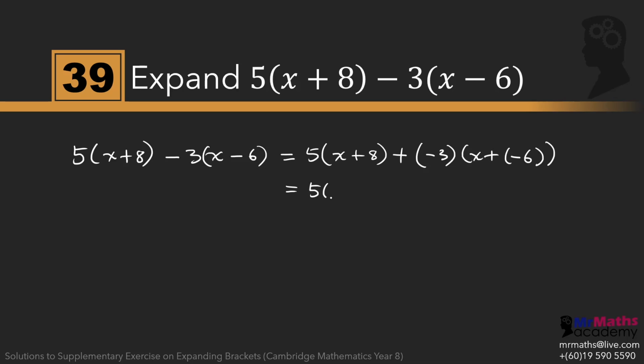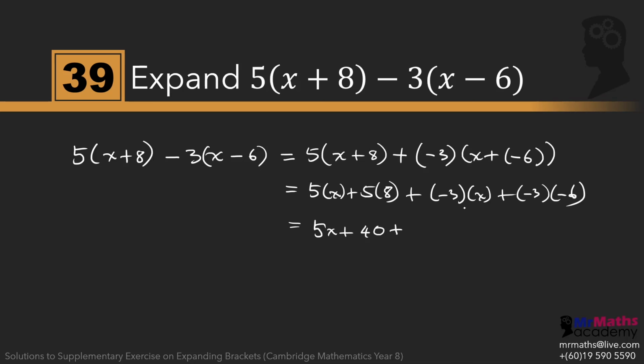So this is 5x plus 5 times 8 from the first expansion. Then plus minus 3 times x plus minus 3 times minus 6. So that becomes 5x plus 5 times 8, which is 40. We have minus 3 times x, so that is minus 3x, plus minus 3 times minus 6, so that becomes plus.